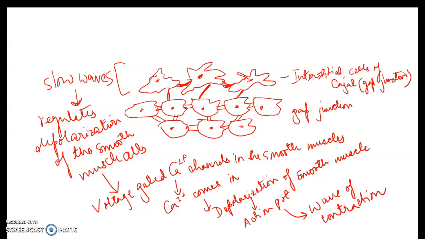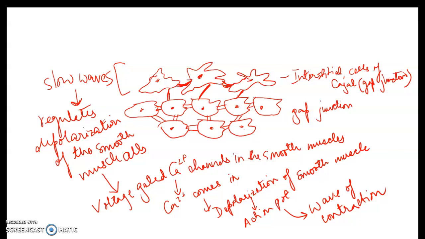So to review, interspersed within the smooth muscle cells, there are specialized cells called interstitial cells of Kajal. Remember, these cells are neither neurons nor muscle cells. The interstitial cells of Kajal do not produce action potentials. Instead, they generate something called slow waves, which are pacemakers.